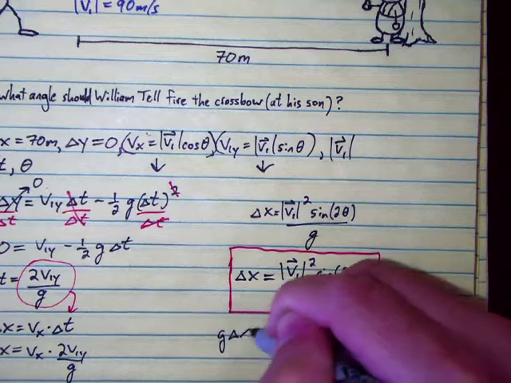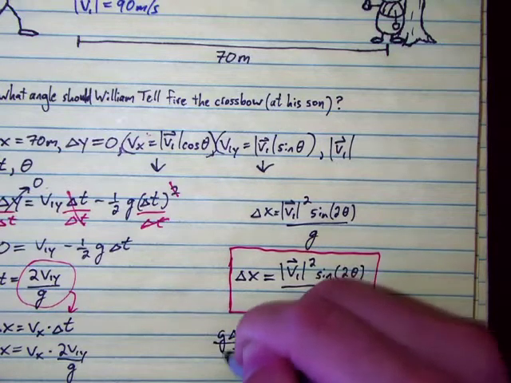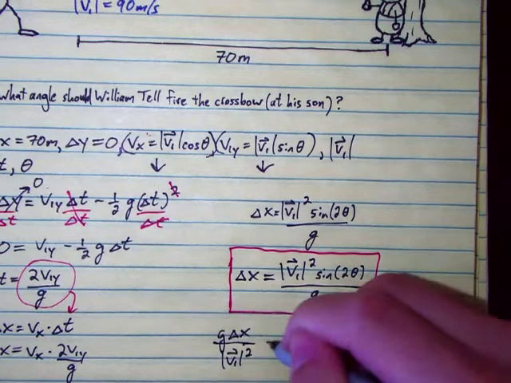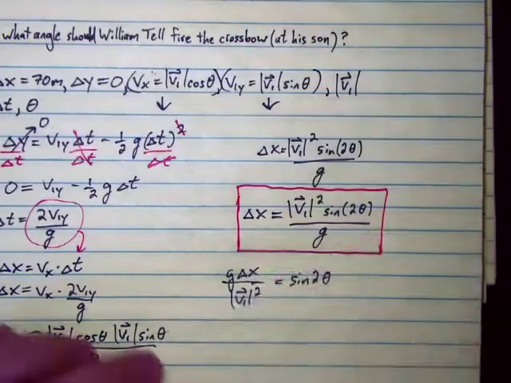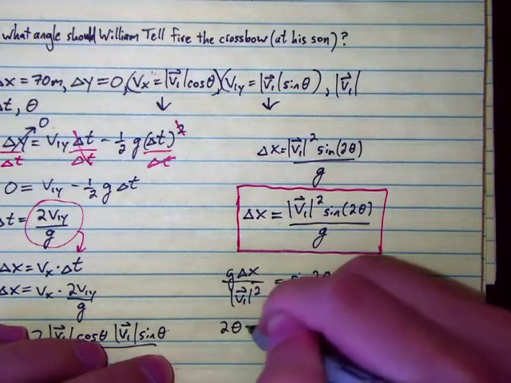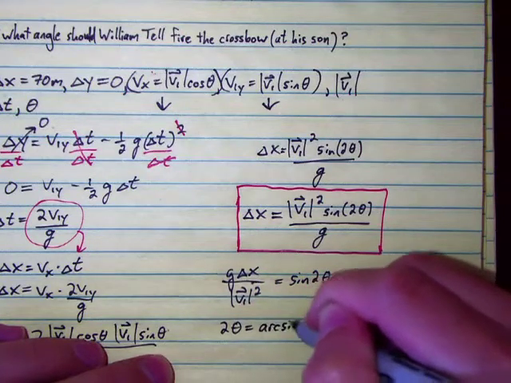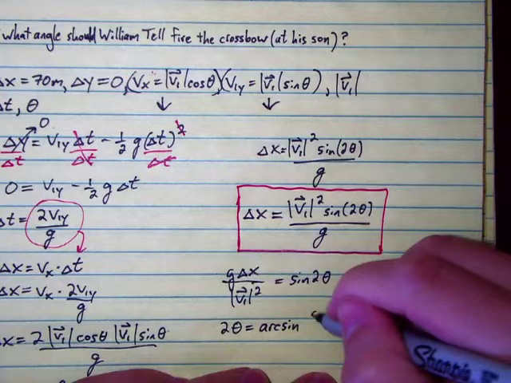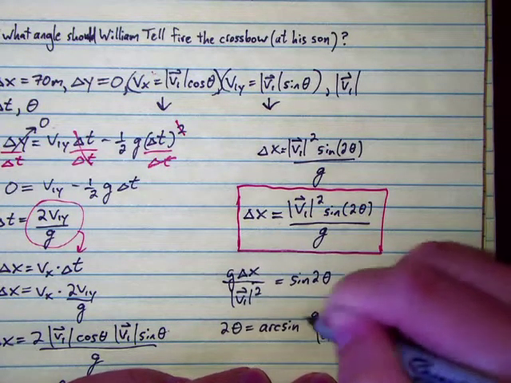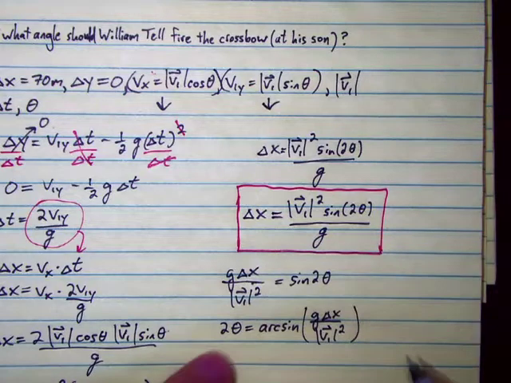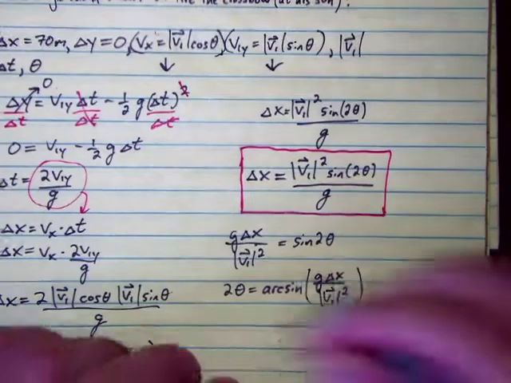So that gives us g delta x divided by the initial speed squared equals sine of 2 theta. So I can write that as 2 theta equals the arc sine, use that function on your calculator, of g delta x over v1 squared. And then lastly, divide both sides by 2 to solve for theta.